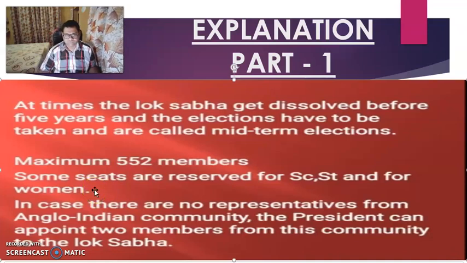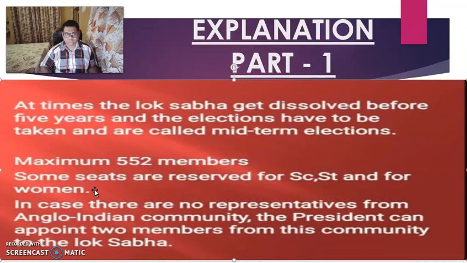So that each and every part of the society, part of the constituency, gets a chance to become part of the government. For that reason, seats are reserved for scheduled castes, scheduled tribes, and women, so that everyone gets a chance to become a member of the Lok Sabha.